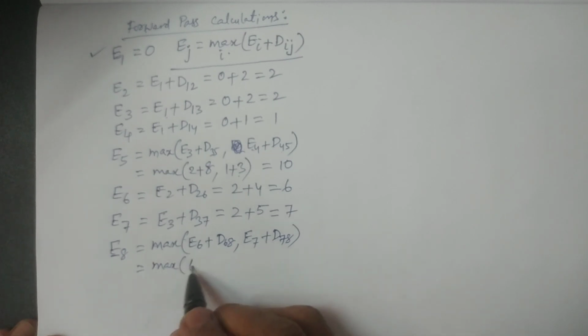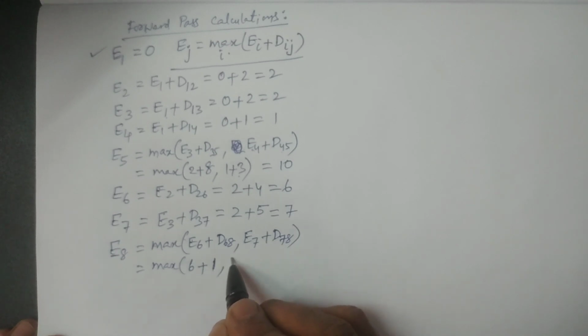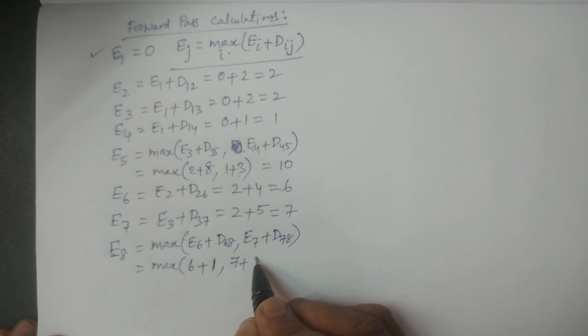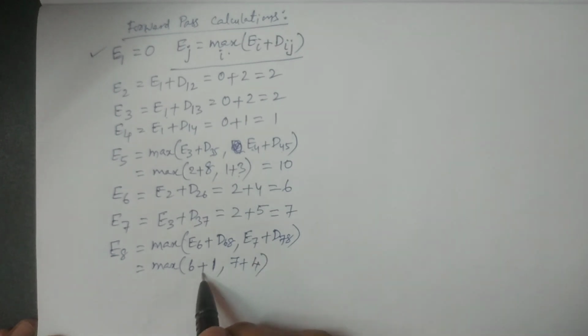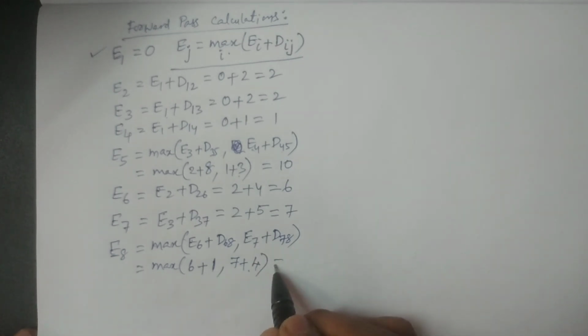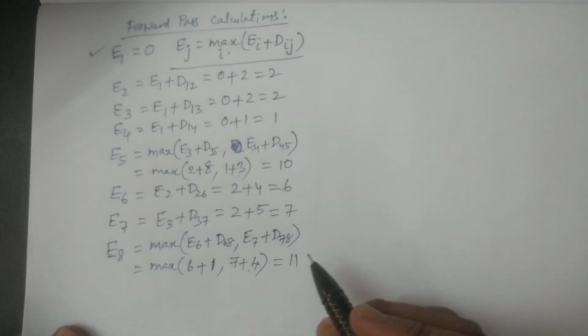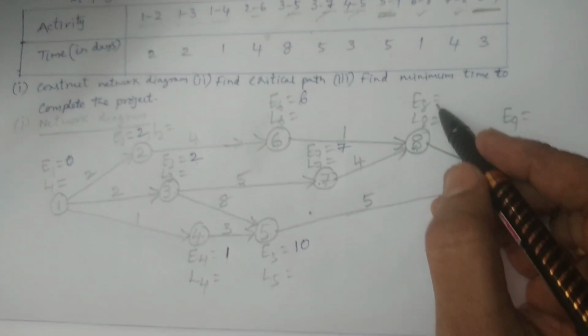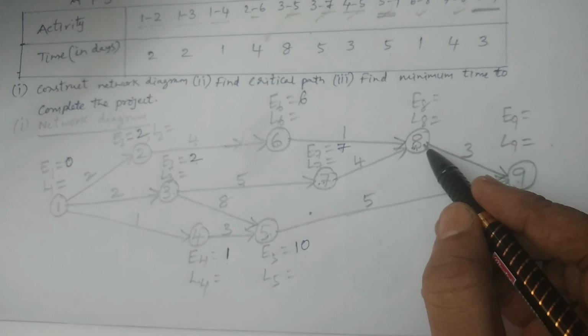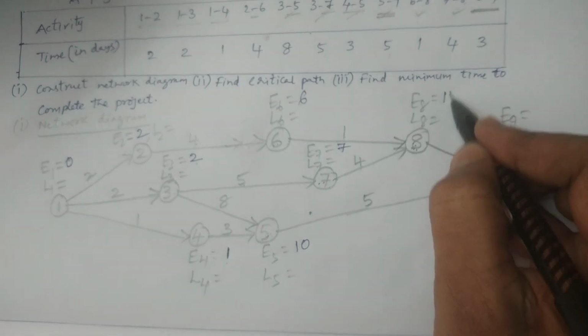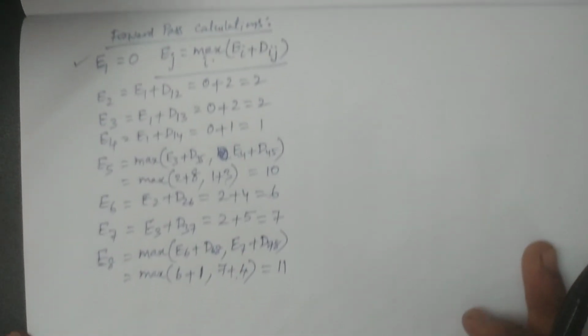E6 is 6 plus D68, which is 1, and E7 is 7 plus D78, which is 4, so 7 plus 4 is 11. Hence 11 is the maximum. From 6 to 8 and 7 to 8, E8 is 11. And then E9, the last one.